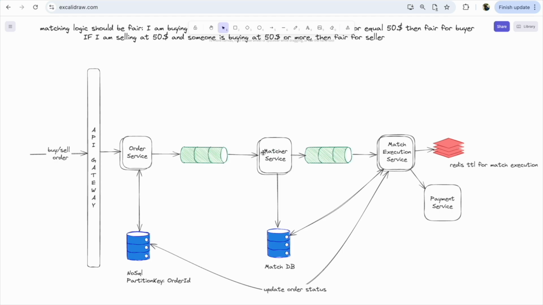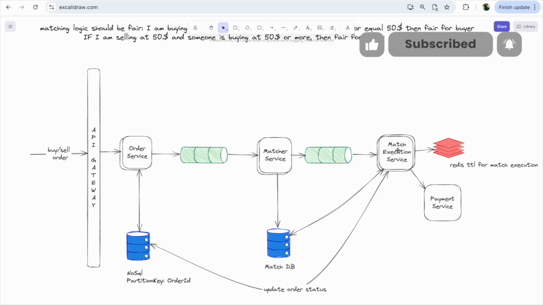After that, the matcher service will store the data in this match database. Then the matched order details will also be put into another queue. There will be one match execution service that will listen to this queue, and it will actually execute the matches.